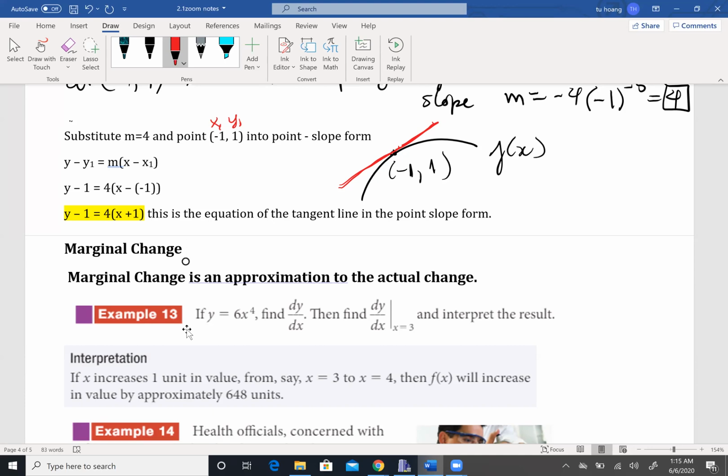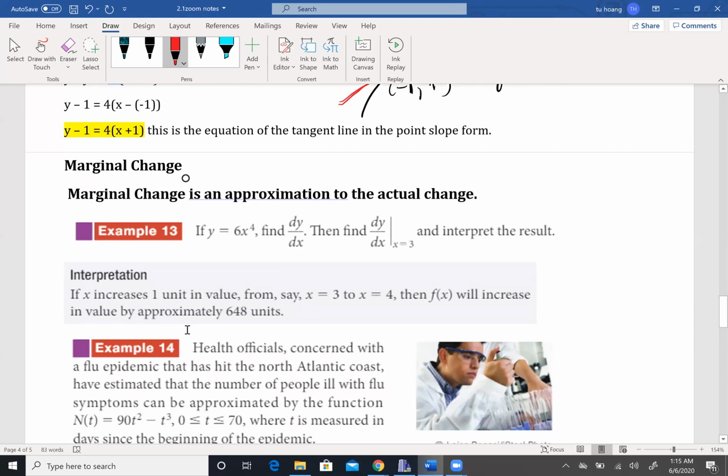You should understand that it means an approximation to the actual change, and when you talk about marginal change, you actually take the derivative of the function of the thing you are talking about. Say marginal profit, then you want to take the derivative of the profit. Okay, so let's do example 13.